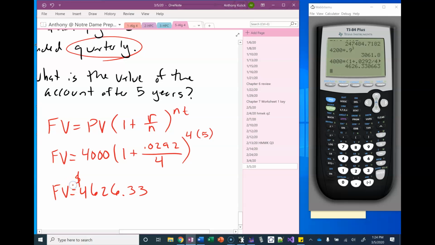I would round it to 2 decimal places. Why? What is the quantity here? It's money. How do you round money? To the penny, right? That should be kind of common sense, right? That's as far down as you can subdivide money.